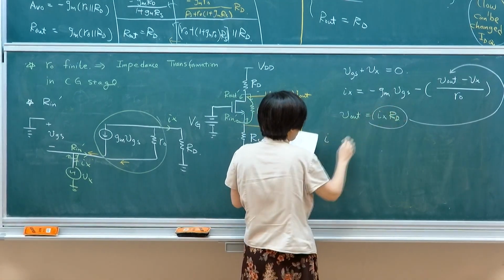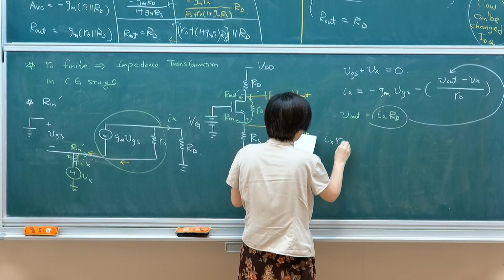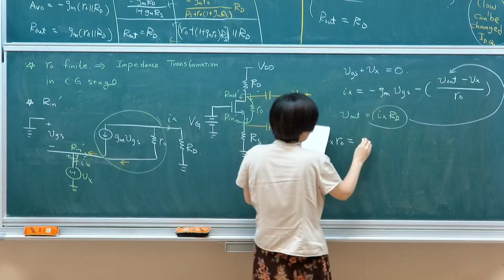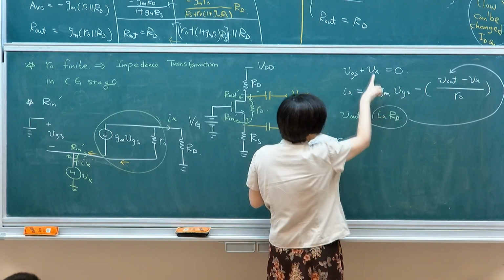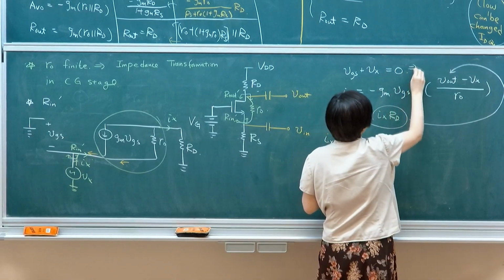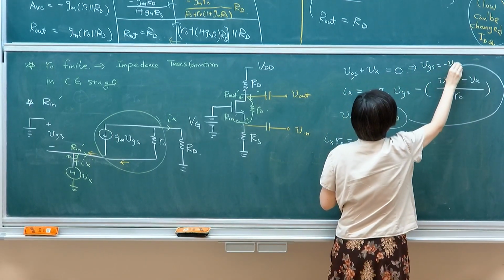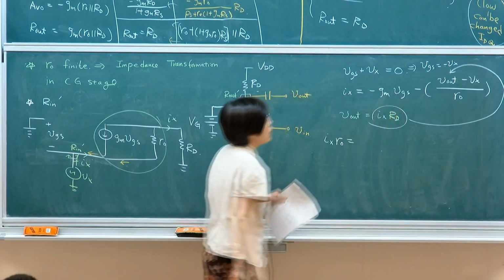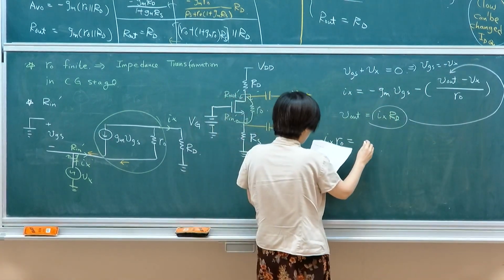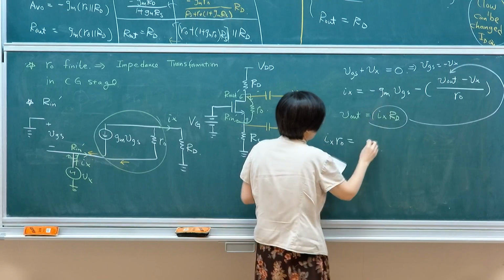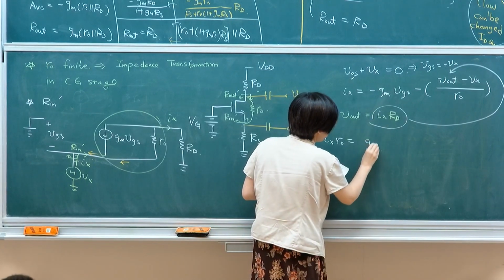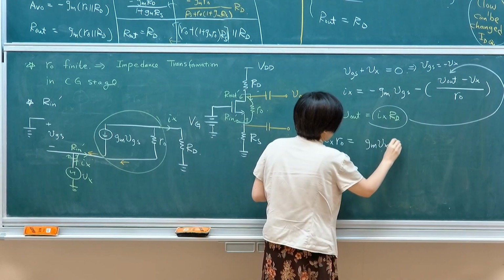This equation will be Ix, everybody times RO, and because this gives me VGS is minus Vx, I'm substituting this back in terms of Vx. So this is gm Vx RO.